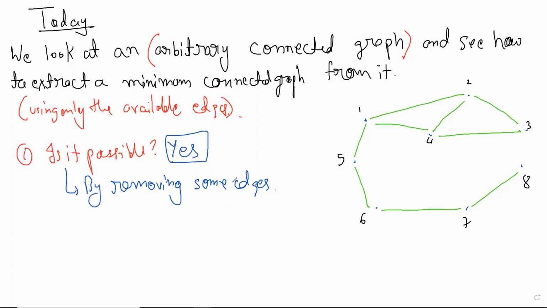Okay, can you repeat that? Can you say it more clearly? Yes, that's right. So you have to simply remove one edge from a cycle, to start with.